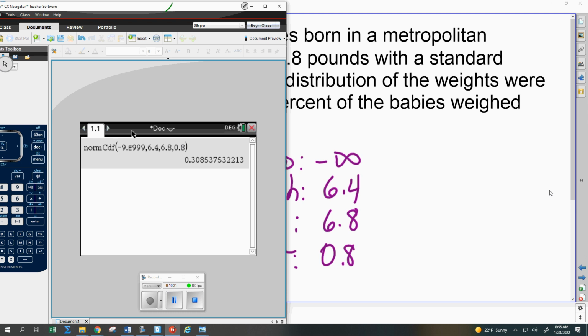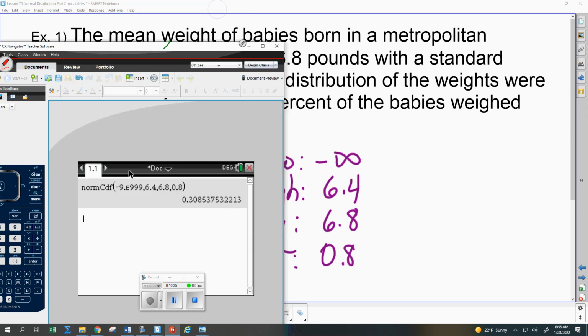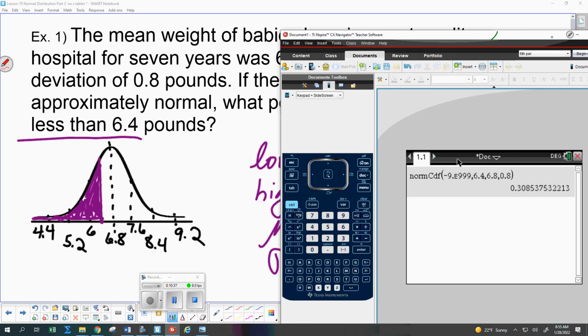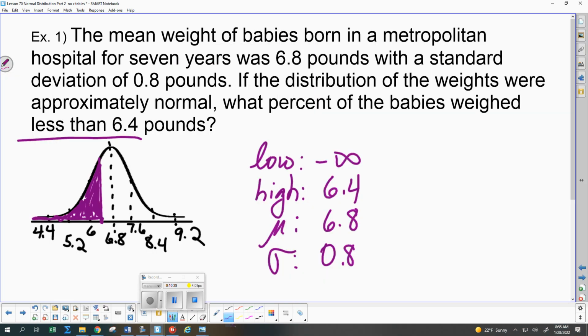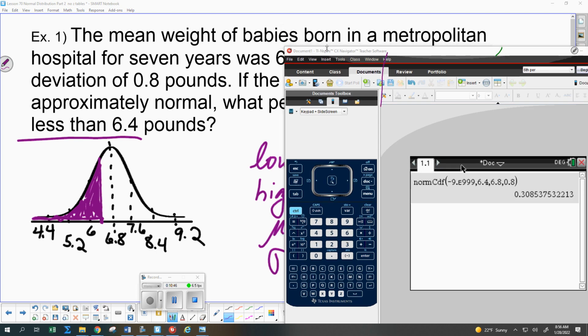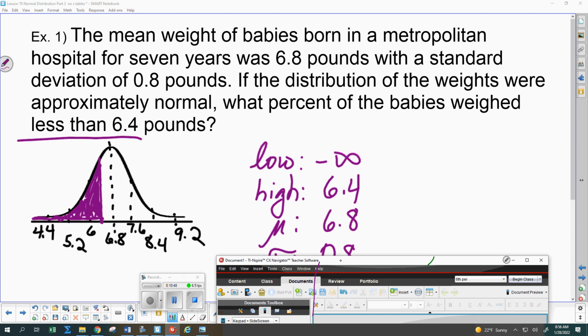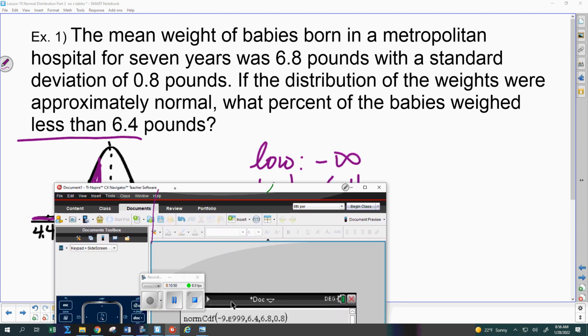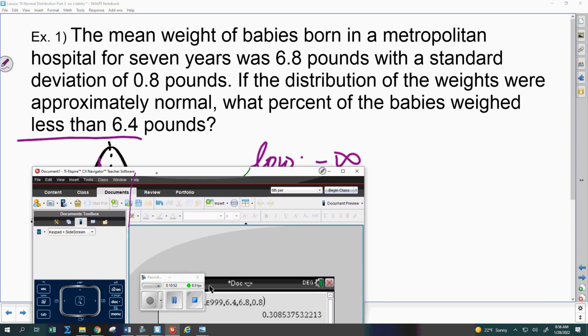And so we're going to change that to a percent form. Of what was it? Try to get it where I can see it enough. 30.854 with the percent sign.